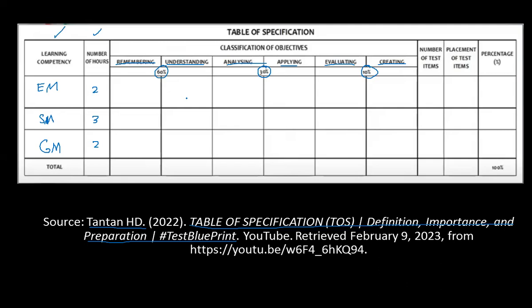Then, next, maybe after 60%, meron pa tayong 30% sa 100 item exam natin, which is pang analyzing and applying. So, since we have a total of 100 items, we have 30 questions pang analyzing and applying. By the way, in terms of questions, pwede siyang single question or double question.